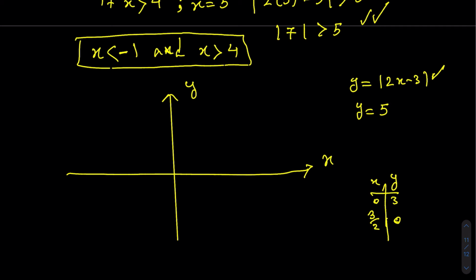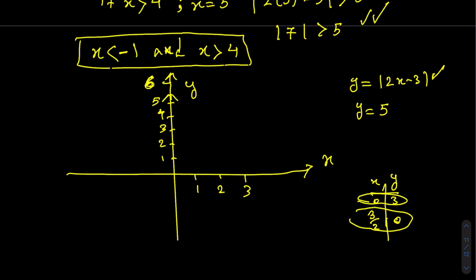So now we have two ordered pairs, and we mark them on the coordinate axis. 1, 2, 3, 4, 5, let's extend it to 6.